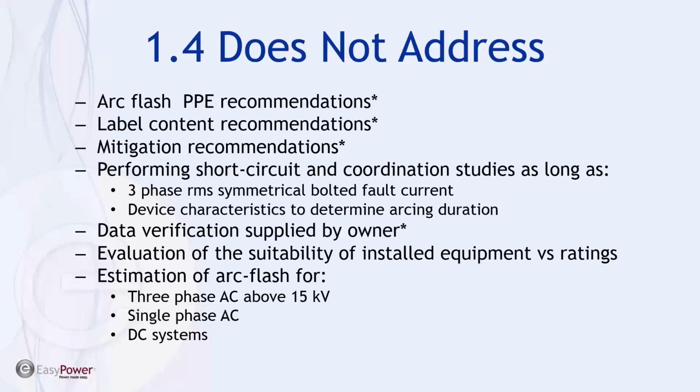And aside from just providing the 3-phase RMS symmetrical bolted fault current and the device characteristics to determine arc duration, there are no other details on performing short circuit and coordination studies, as long as that information has been made available.